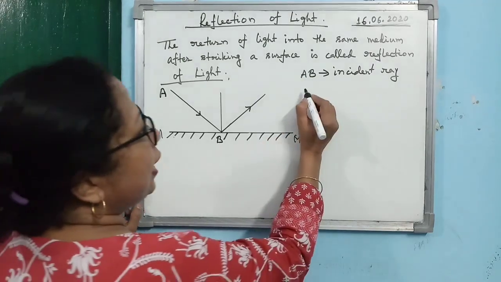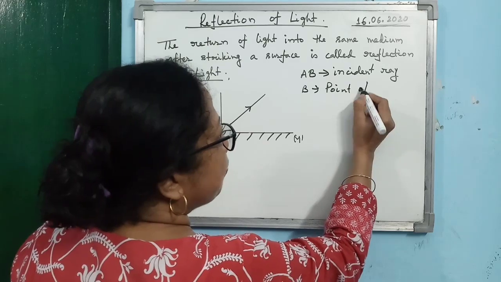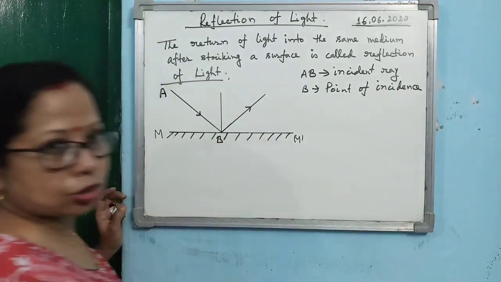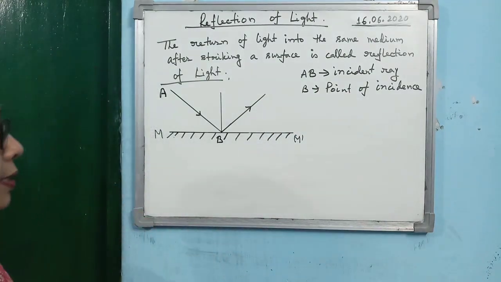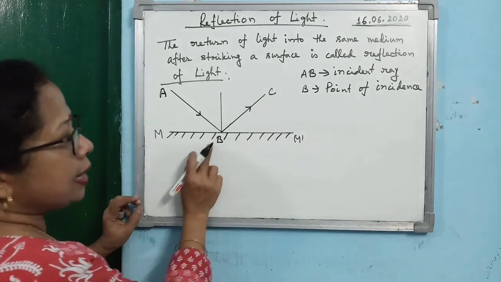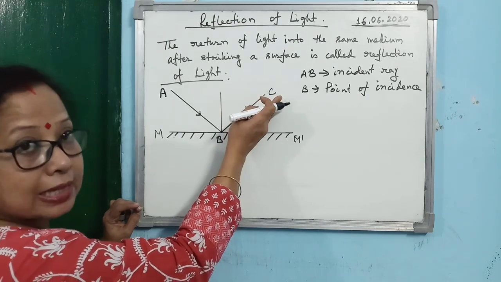Then what is point B? Point B is the point of incidence, the point on the reflector at which light falls on the surface is known as the point of incidence. Now, after striking the surface, the light ray is returning back to the medium along the path BC.